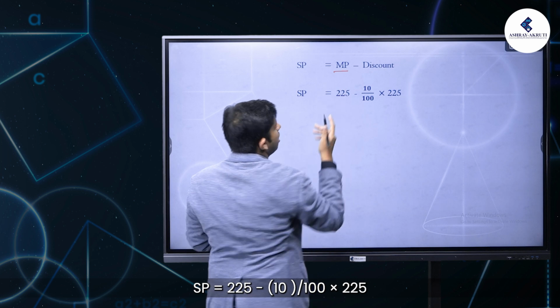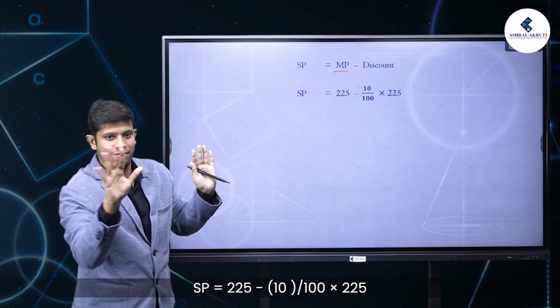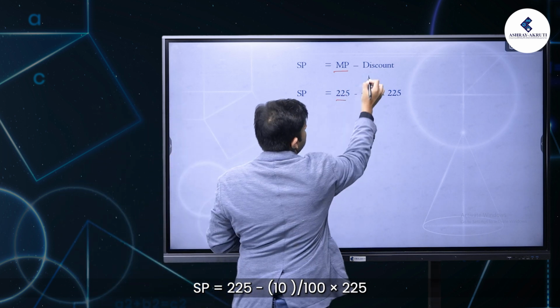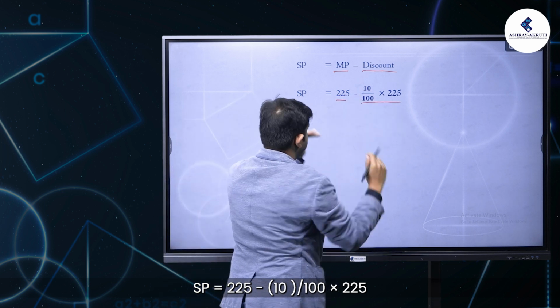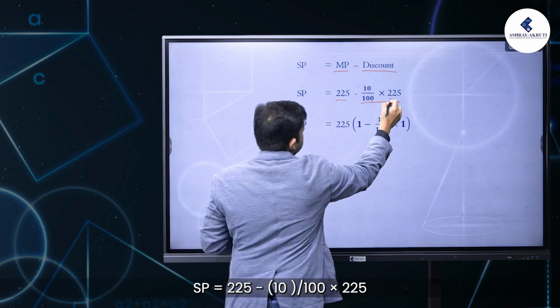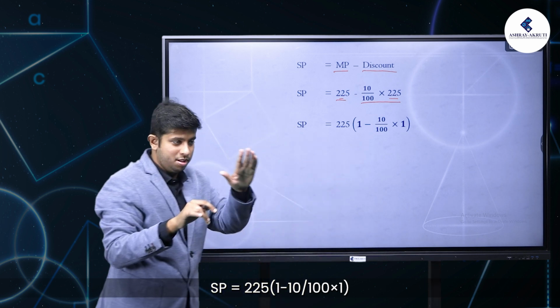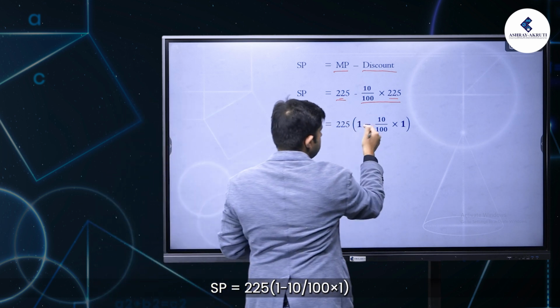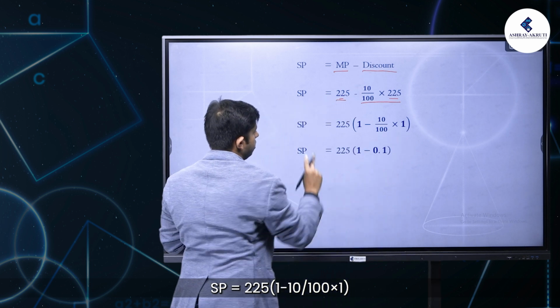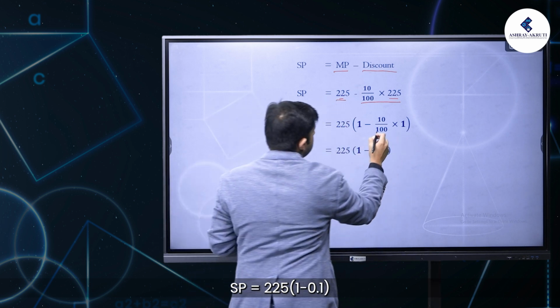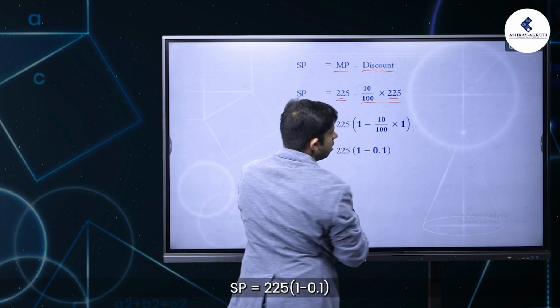Selling price equals 225 minus 10 by 100 into 225. Selling price equals 225 of 1 minus 10 by 100 into 1. Selling price equals 225 of 1 minus 0.1.